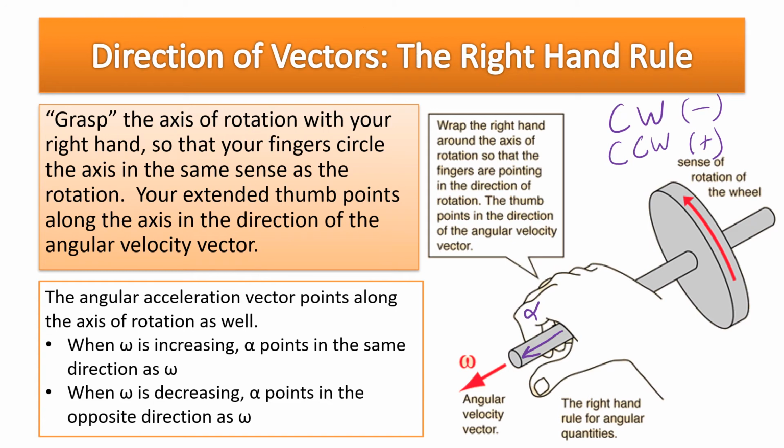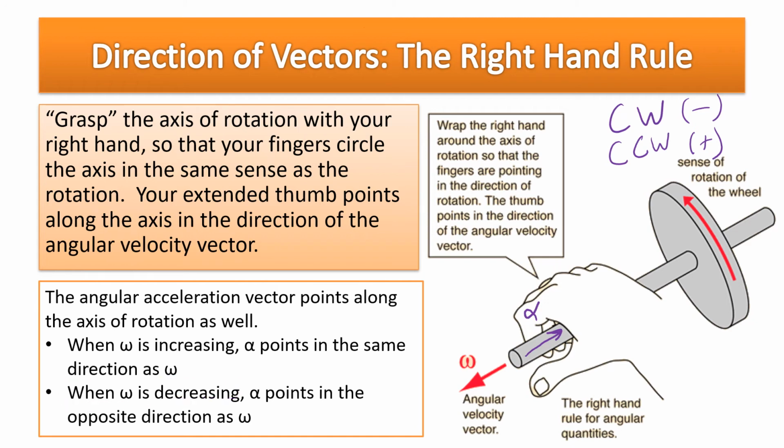We saw that when we had an object moving to the right with a certain velocity, and if you were accelerating to the right, that means you were speeding up. But what happens if your acceleration was in the opposite direction? In this case, negative. That means that you would be slowing down. So the same thing holds true. If your angular velocity is pointed this way, but your angular acceleration is pointing the opposite way, that means that your angular velocity is decreasing.